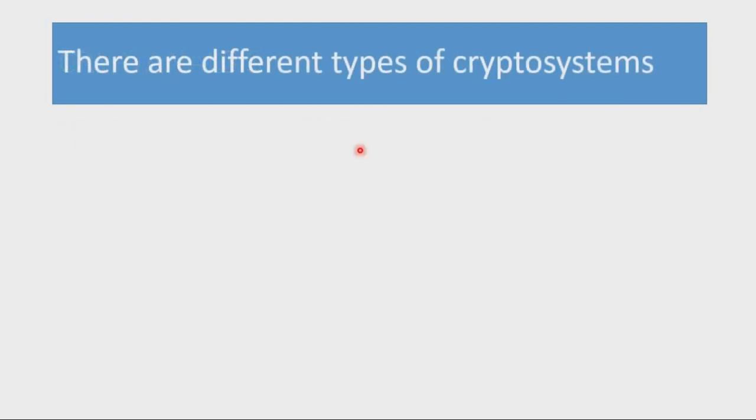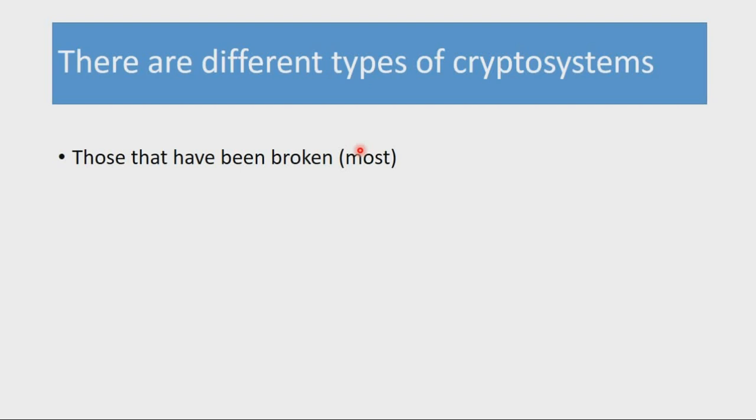Now, there are different types of cryptosystems. This section is just to give you a brief picture of how cryptosystems have advanced. The first part is those that have been broken. Some cryptosystems are old, and with modern day computers, they are not very secure anymore. For example, the British Playfair cipher.